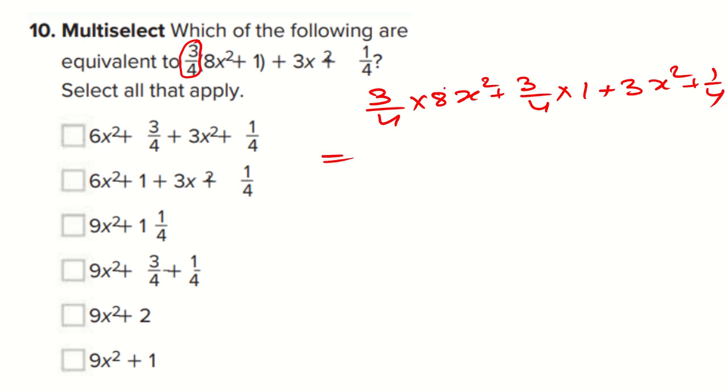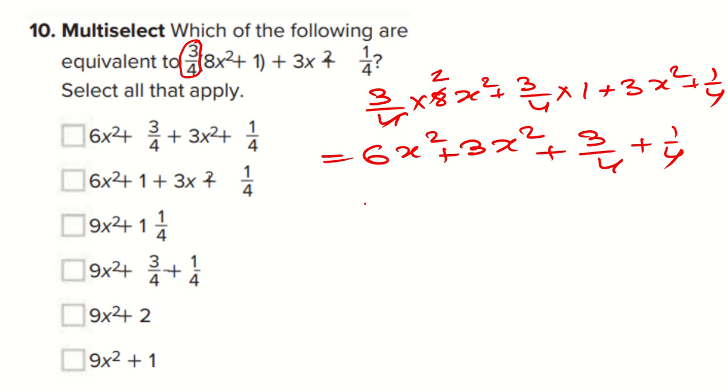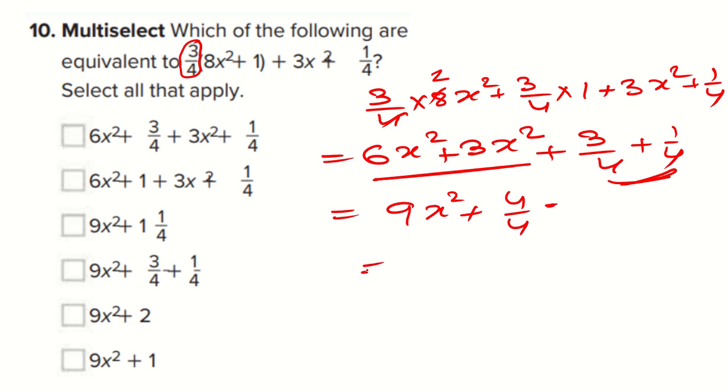This is 8 divided by 4 is 2. 3 multiply 2 is 6x square plus, write the like terms together. So 3x square comes before, 3 over 4 plus 1 over 4. You see 6x square plus 3x square, they are the like terms. So 9x square plus denominator is same. So add the numerator. So 3 plus 1, 4 over 4. 4 over 4 means 1. So that is 9x square plus 1.